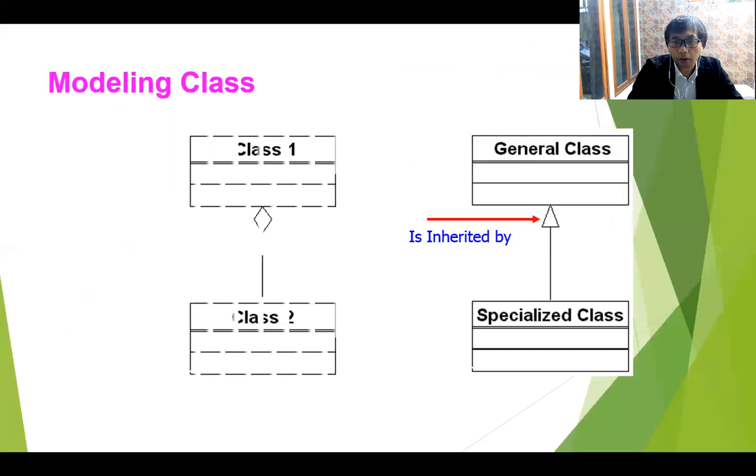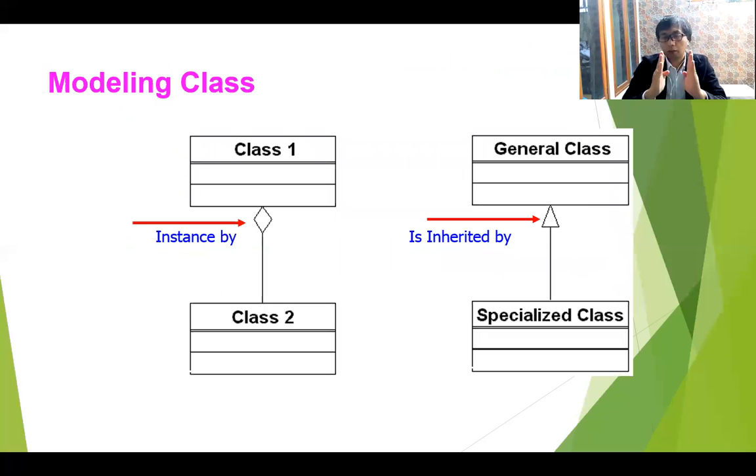So for a modeling class, or a design class, or a design model, instanced by and inherited by will be differentiated by this symbol.